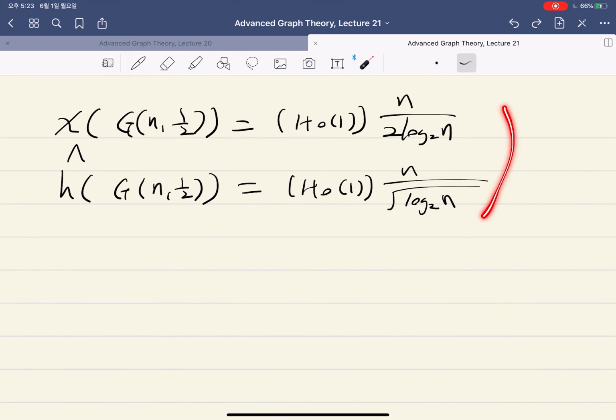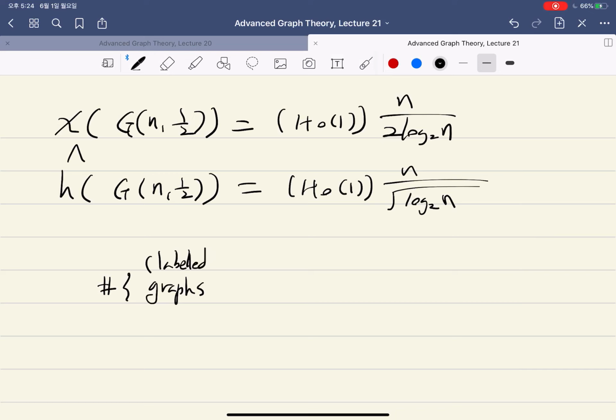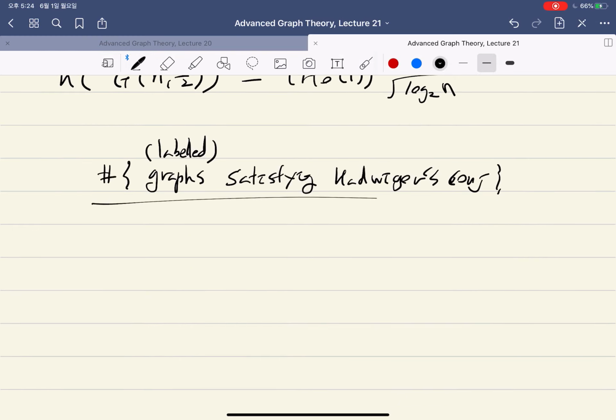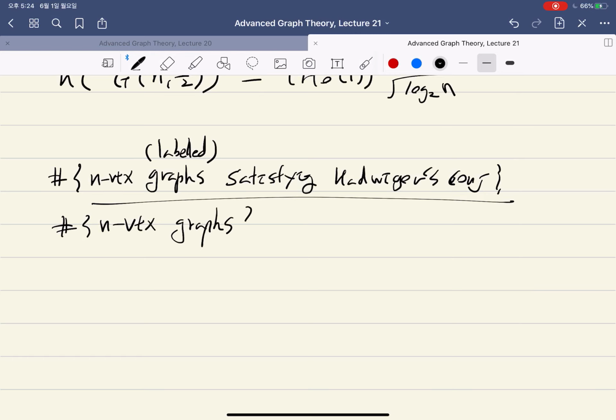So this fact shows that the Hadwiger conjecture holds for almost all graphs, meaning that for each n we compute the number of labeled n-vertex graphs satisfying the Hadwiger conjecture, divided by the number of all labeled n-vertex graphs.